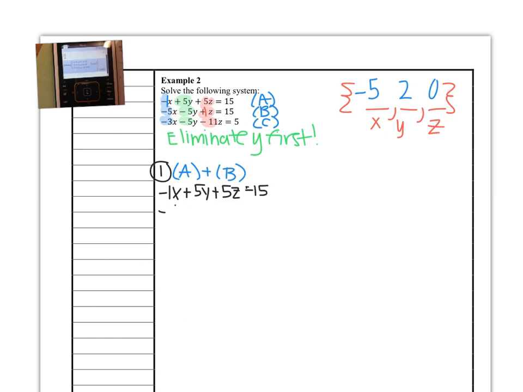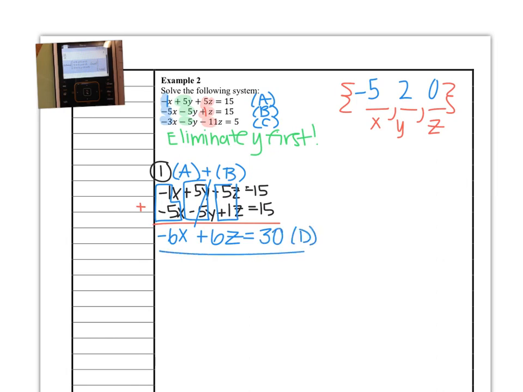And then negative 5x minus 5y plus 1z equals 15. Remember that we are adding and going straight down. Negative 1 minus 5 is negative 6x. Then 5 minus 5 cancels. And then 5 plus 1, so that's plus 6z, equals 15 plus 15, which is 30. This becomes our next equation, the letter D. I'm going to circle it because we're going to come back to it in a few minutes.